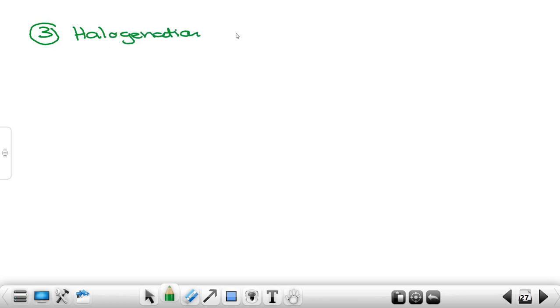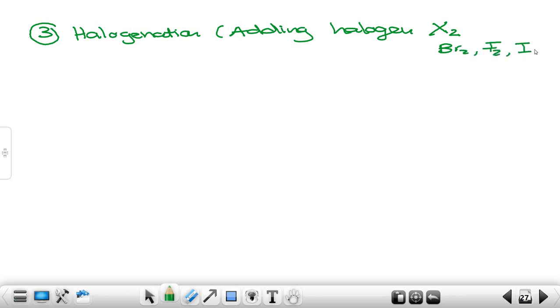Halogenation, we are adding a halogen, and this means we are adding X2, which will be Br2, fluorine, iodine, or chlorine, right?